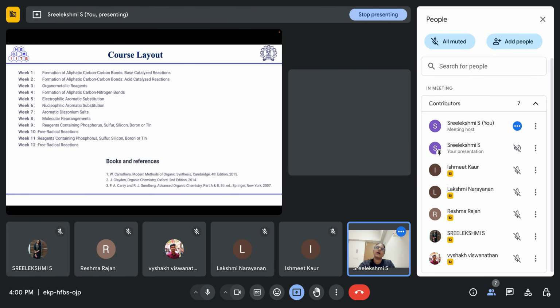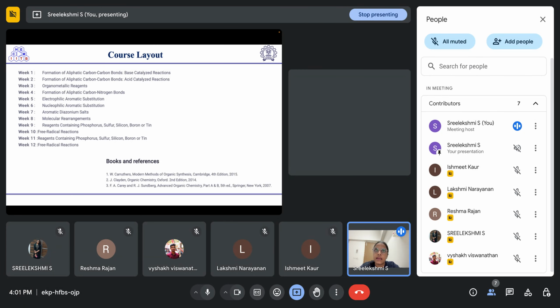Base catalyzed reactions means a wide range of organic compounds is capable of forming carbanions. If the carbon near an electron withdrawing group like a carbonyl group or nitro group has a proton, it will be acidic in nature, and that proton can be abstracted by a suitable base to generate a carbanion.